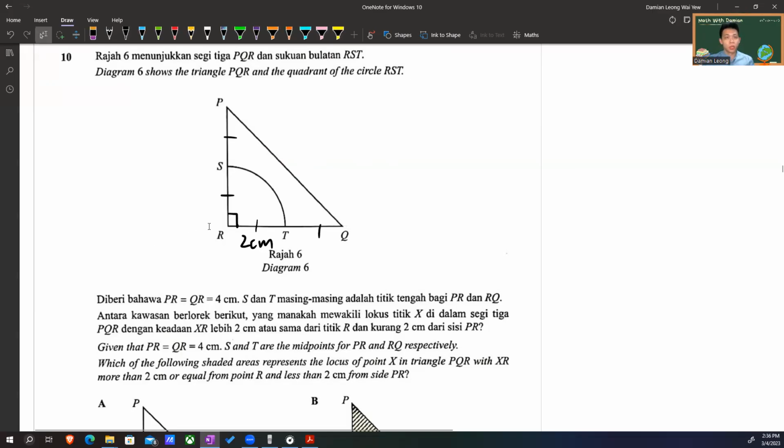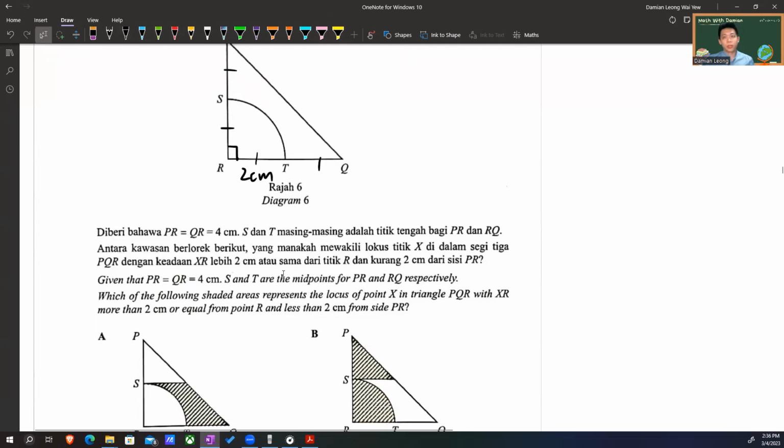Which of the following shaded area represents locus of X in triangle PQR with XR more than or equal to 2 cm from point R and less than 2 cm from side PR? So we look at it one limitation by one limitation.